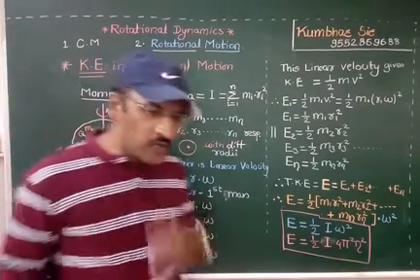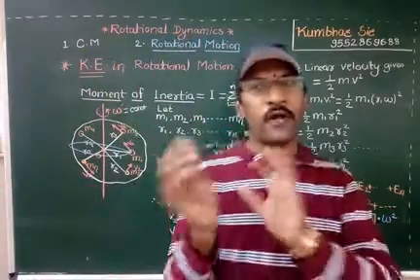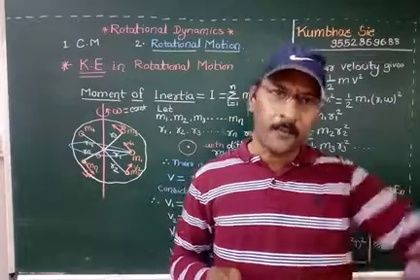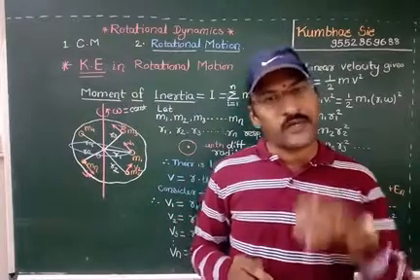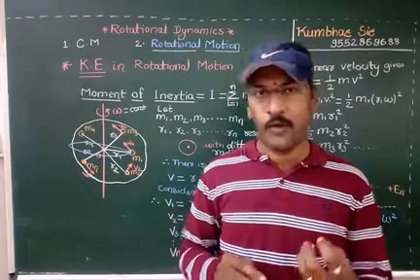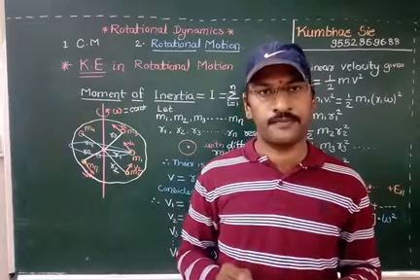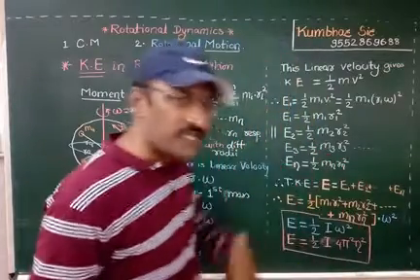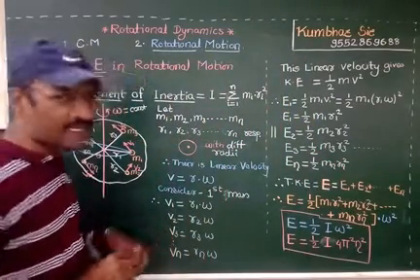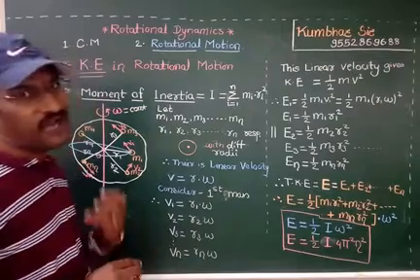But we know that when any body performs rotational motion, each and every particle of the rigid body performs circular motion. Means, due to this circular motion, linear velocities are created.